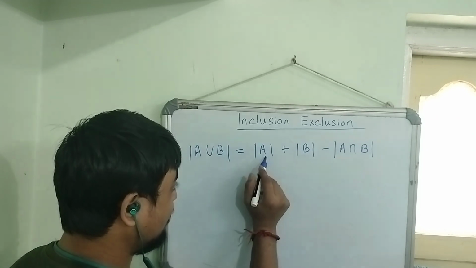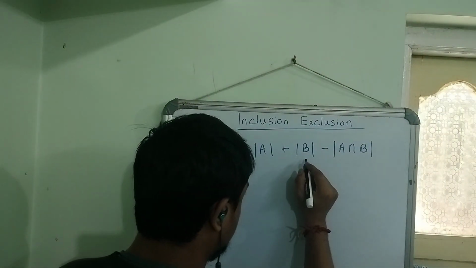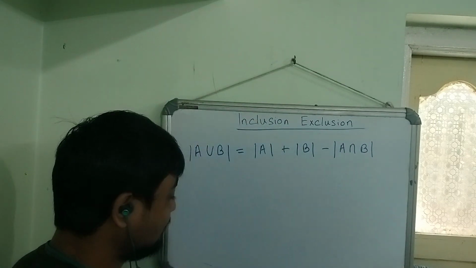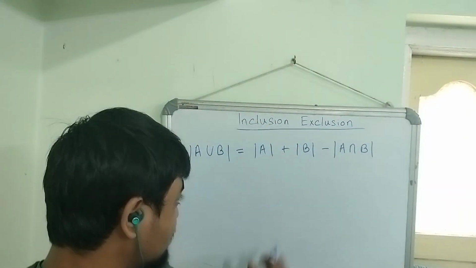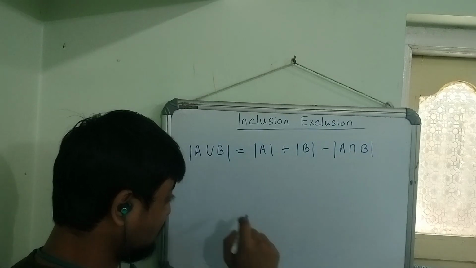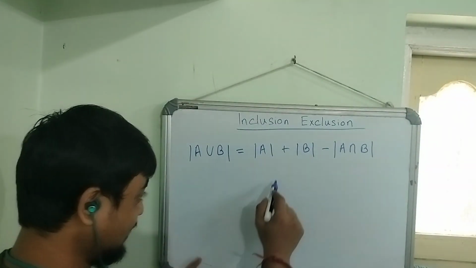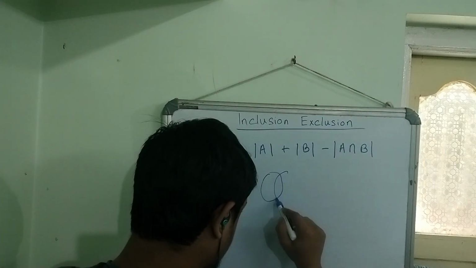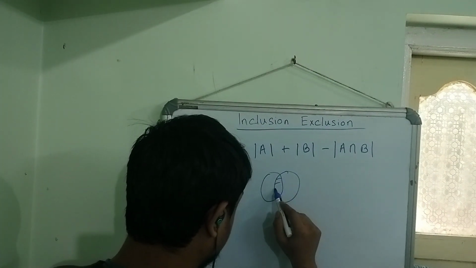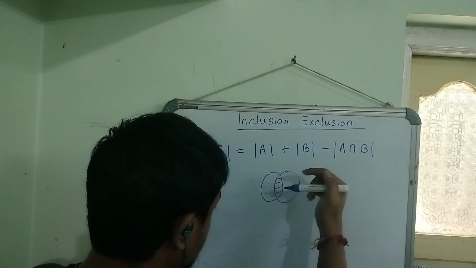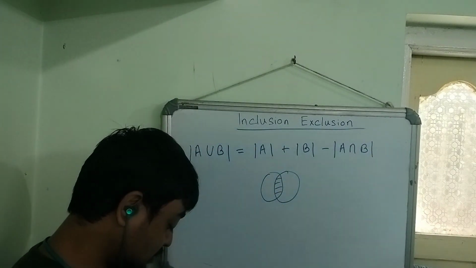So the number of elements in A plus the number of elements in B minus the number of elements in both. Now, you all know this from school days. This can be shown by a Venn diagram also. The common part is counted twice, so we deduct it once to balance it.